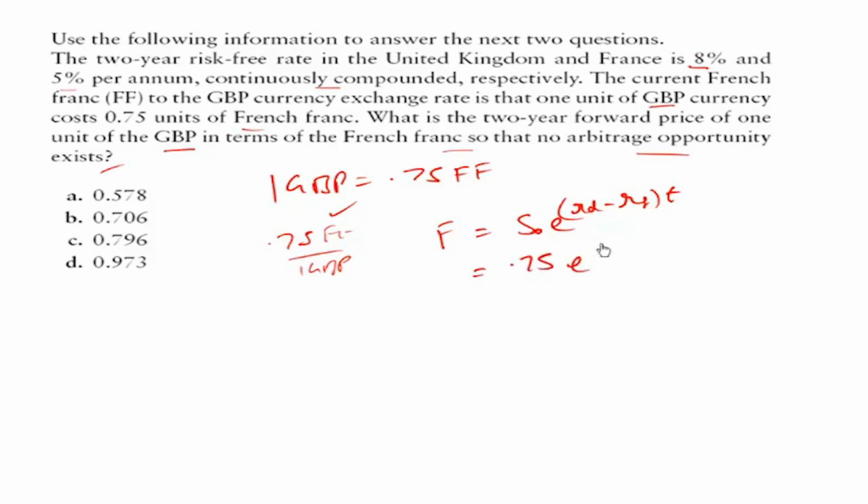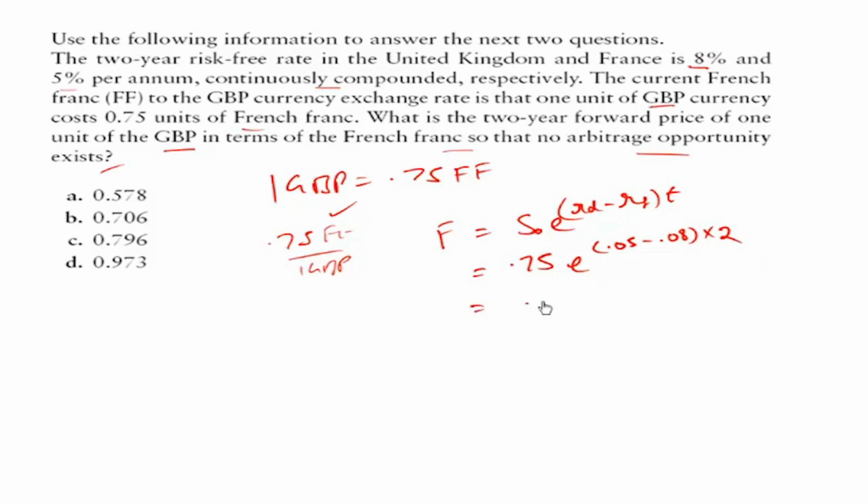times e raised to the power rd. The French rate is how much? 5% minus the UK rate is 8%, times the time, which is 2 years. We'll multiply this by 2.